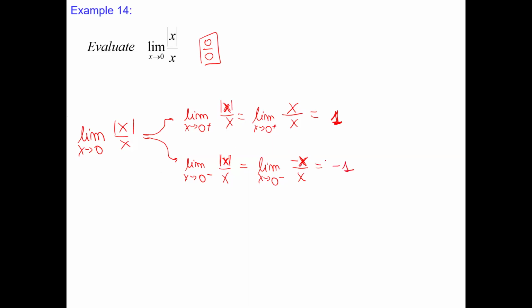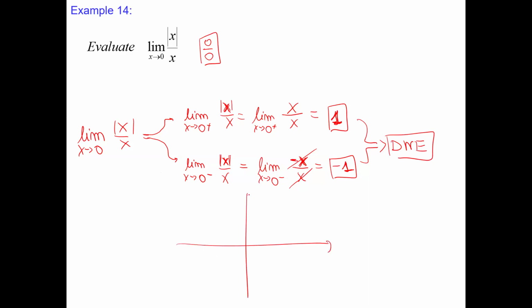After cancelling out, we have negative 1 left. That means the limit on the right is +1, and the limit on the left is -1. Then we can say the entire limit does not exist because the one-sided limits are different.